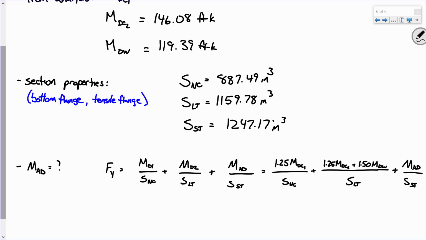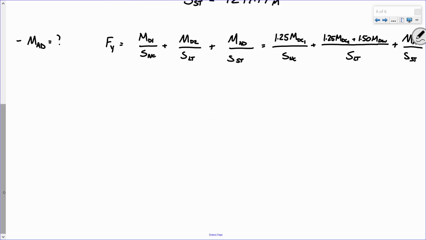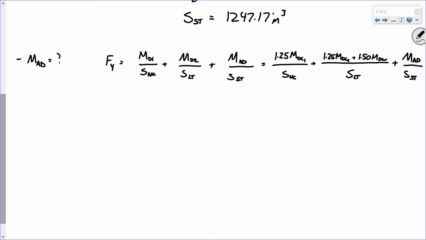Okay, let's plug and chug a little bit. What is the yield stress? It's 50 KSI, right? That's kips and inches. Sound good?